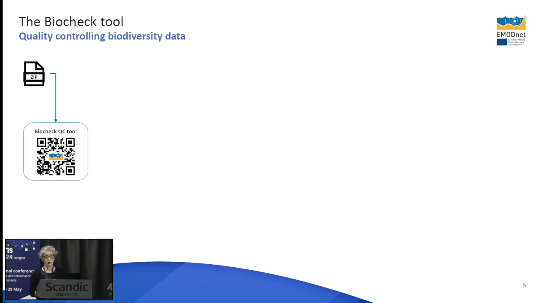This tool works on IPT resources. IPT is a tool that is used in the biodiversity community. It means integrated publishing tool. It's developed by GBIF, the Global Biodiversity Information Facility, and it's basically the tool to share biodiversity data.